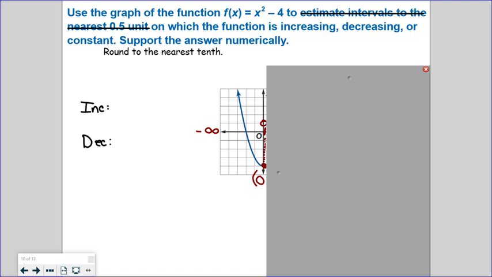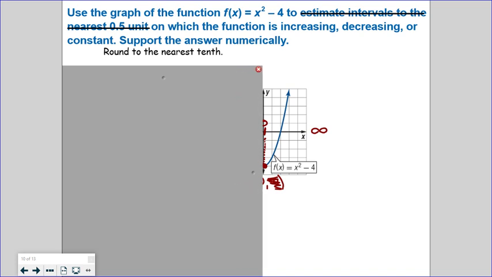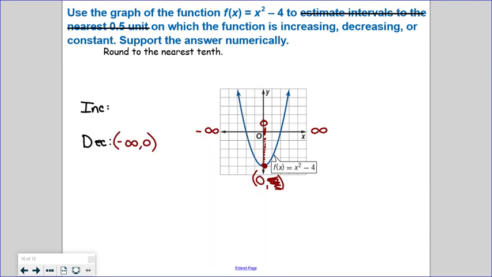So that interval from -infinity up to 0 would go under the category called decreasing. Then I look at the other part, which would go from 0 to infinity. And again, if I trace this as I read from left to right, my pencil is headed up. And up means increasing. So the interval that goes from 0 to infinity is increasing.